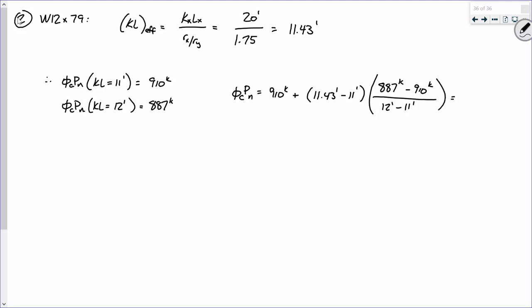So linear interpolation, that's a formula sheet one, right? All the way back to engineering 111. Y'all should be experts at that. That's all it is.